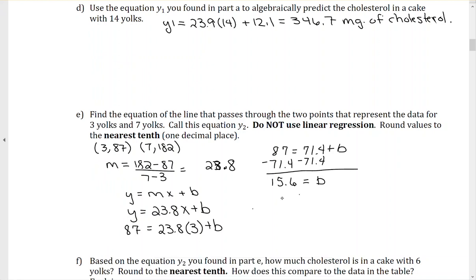So the equation is y equals 23.8x plus my b, 15.6. And actually, they asked me to call this y sub 2. So y sub 2 equals 23.8x plus 15.6.